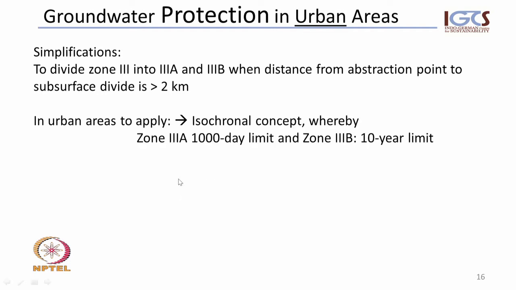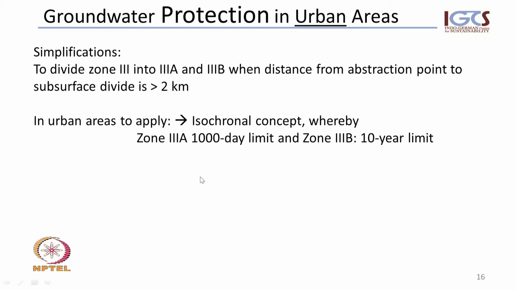And then we use a so-called isochronal concept, whereby the inner zone of zone 3 would correspond to a 1,000-day limit, which is the time for a water drop to infiltrate and move through the water body to our abstraction point, and the outer zone of zone 3 would be a 10-year limit.